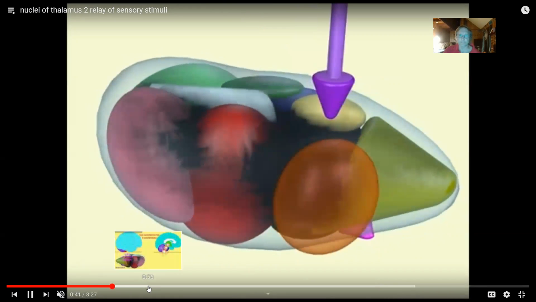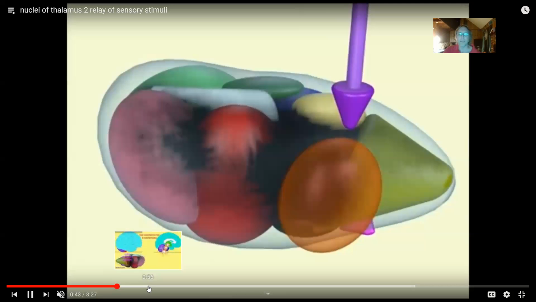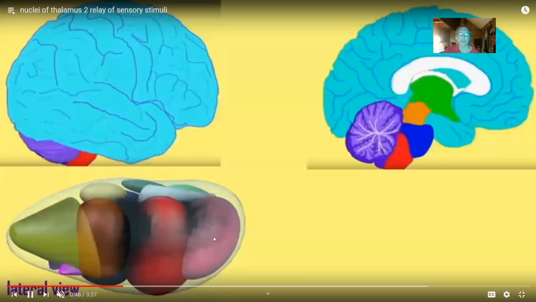So here we can see one. I've made it a little transparent so that you can see what is behind it. So this one that's more of a tan is the ventral posterolateral nucleus, and then there's a darker one behind it, the ventral posteromedial nucleus.